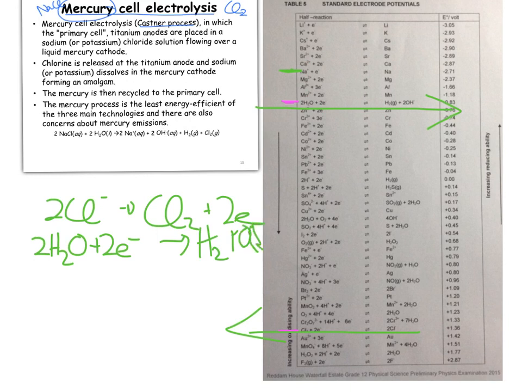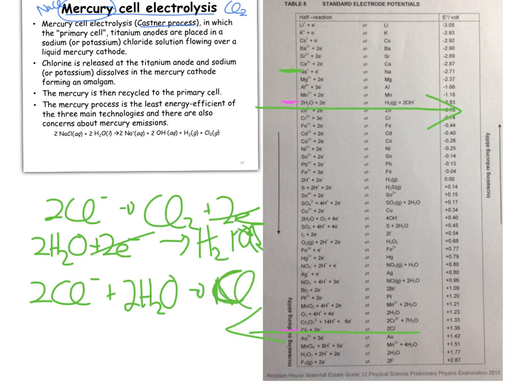So my electrons cancel out, and I'm left with 2 chlorides plus 2 H₂O gives me chlorine and hydrogen and 2 OH⁻. And then the sodium is just a spectator ion. 2 Na⁺ there, 2 Na⁺ here, and that lands up being the overall balanced equation.